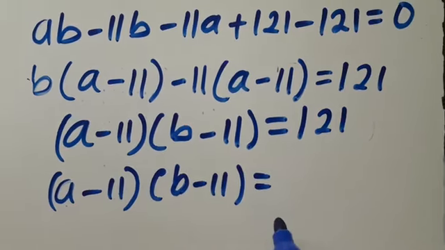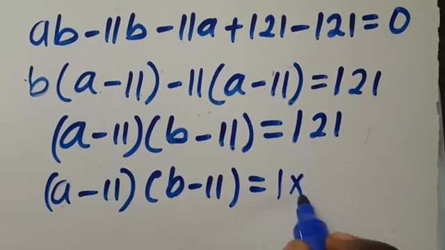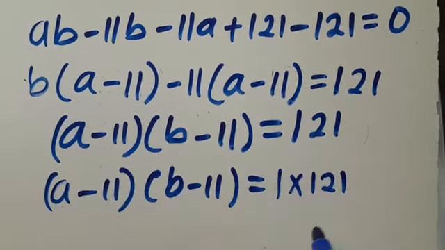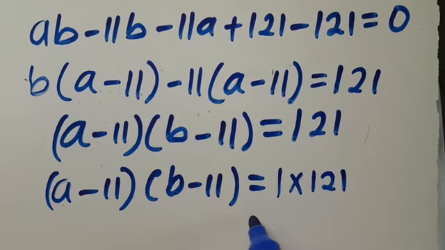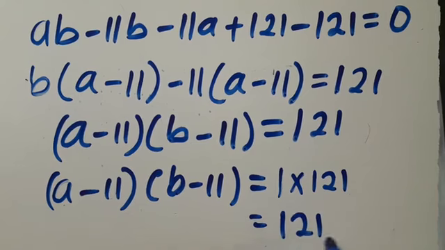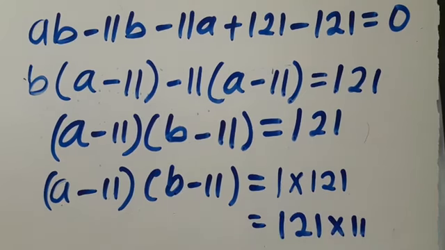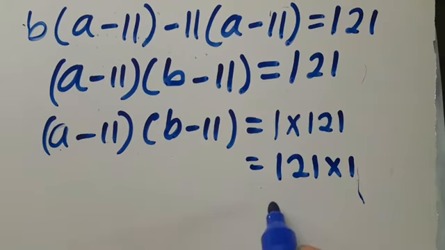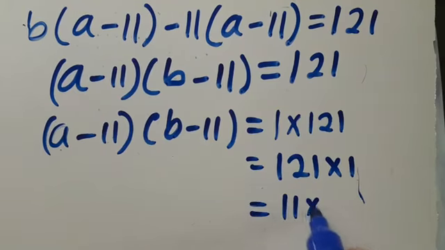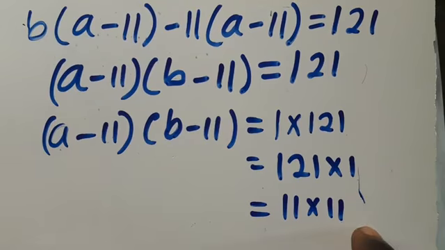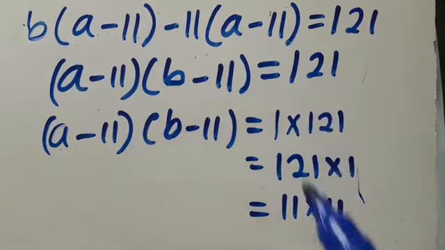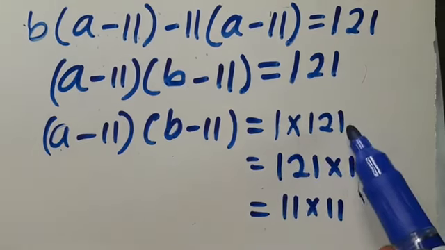We can express this as 1 multiplied by 121, or 121 multiplied by 1, or we have it as 11 times 11. The whole of this will give us 121.